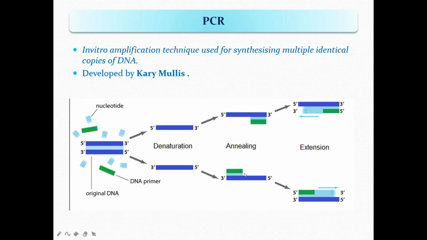This green color structure is the DNA primer. This hybridization of the DNA strand with the primer is called renaturation or primer annealing. The primer template will be used to synthesize the DNA by using Taq DNA polymerase.